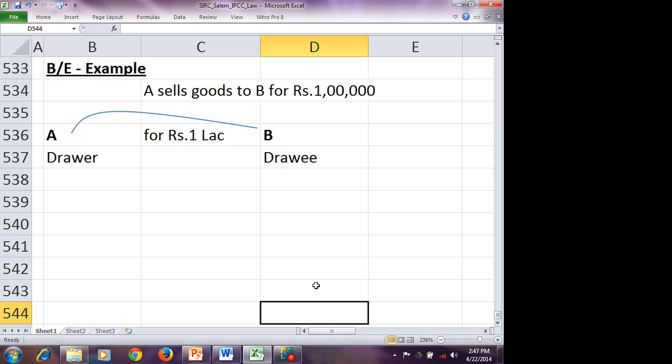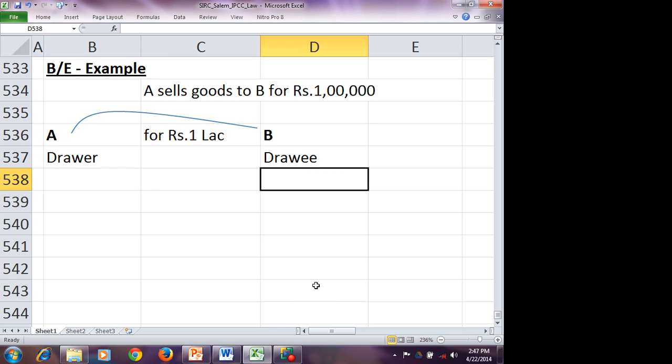Which means it is drawn by a person who has an obligation to pay. But a bill of exchange is drawn by a person who has authority to collect money. That is Mr. A here, the drawer of the instrument, drawing the instrument on B.